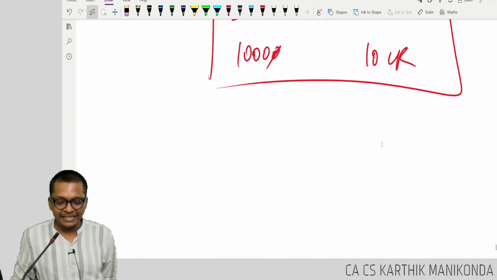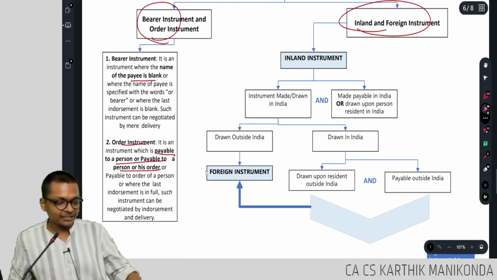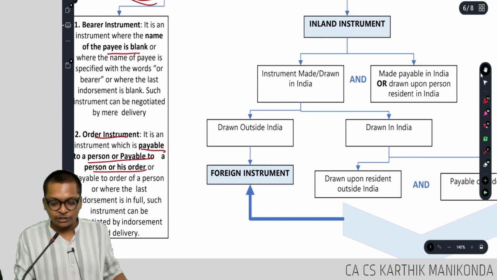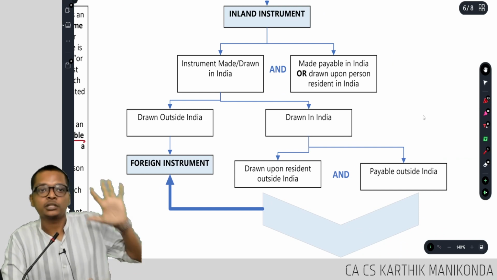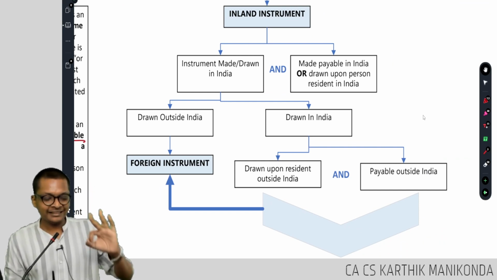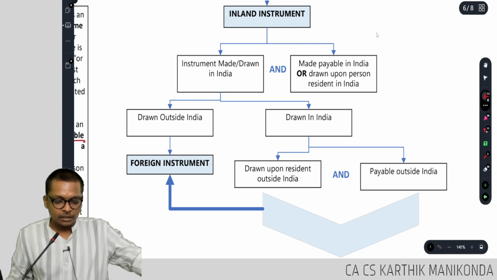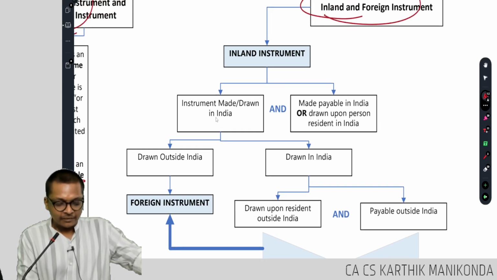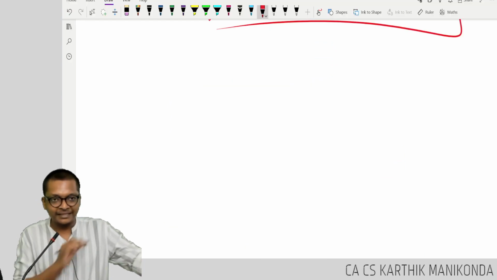Let me go to inland versus foreign instrument. For that they have given some points. First I will teach you conceptually, then I will tell you what the shortcut is for the exam. There are 3 important metrics that I have to consider. The first metric is, where is the instrument drawn? Let me write that separately. Leave the diagram.